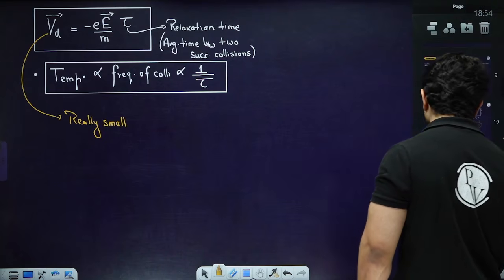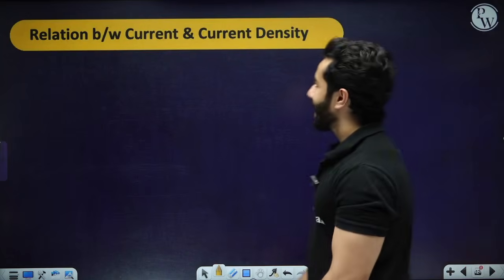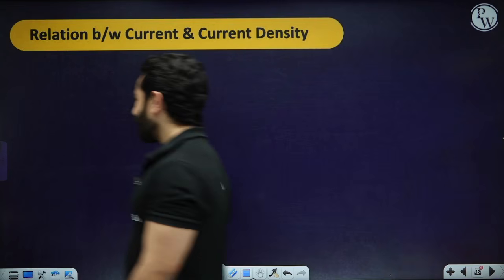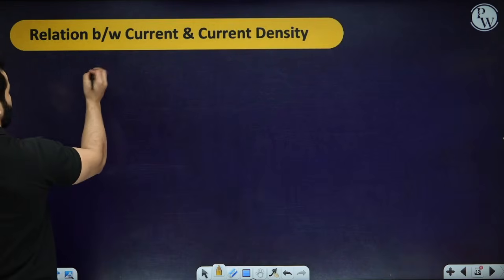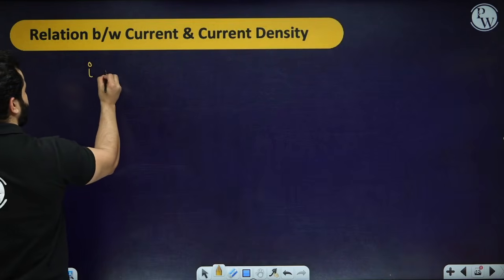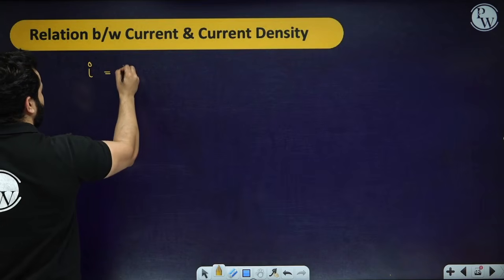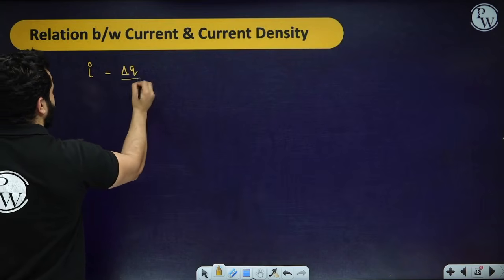And let's talk about the relation between current and current density. Current is nothing but total charge flown divided by total time t.